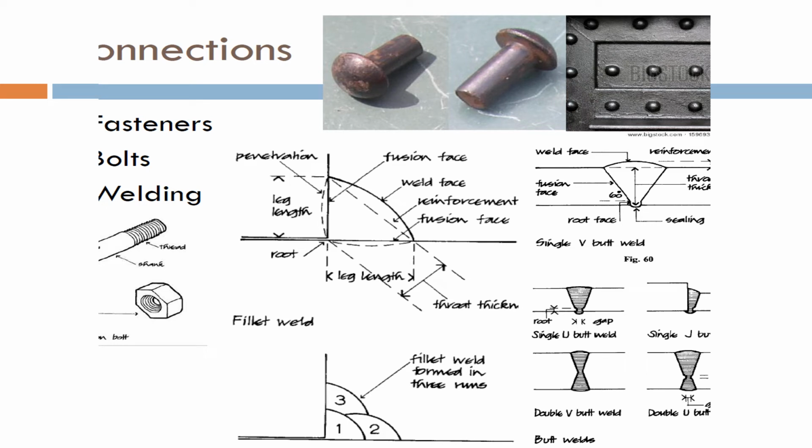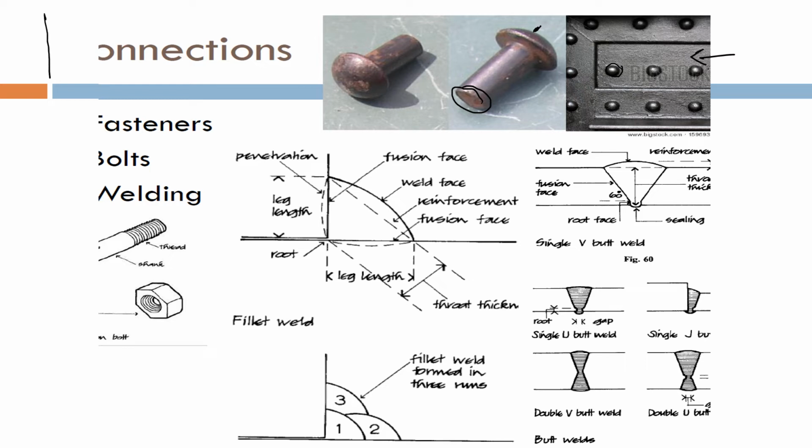So this is a rivet. A rivet is a fastener in which, as you can see, you put the rivet inside a hole, and on this side you hammer it, and when you hammer it, it creates a bulge like this head.